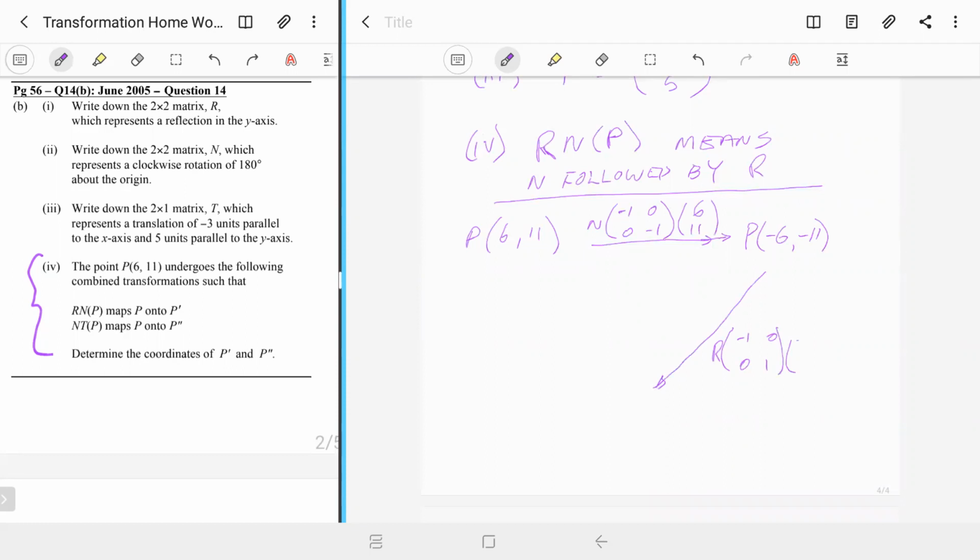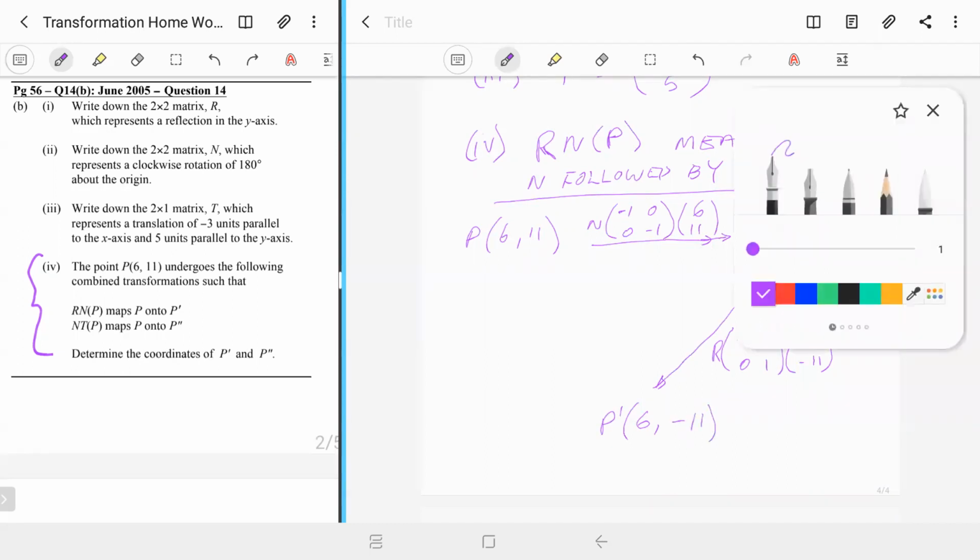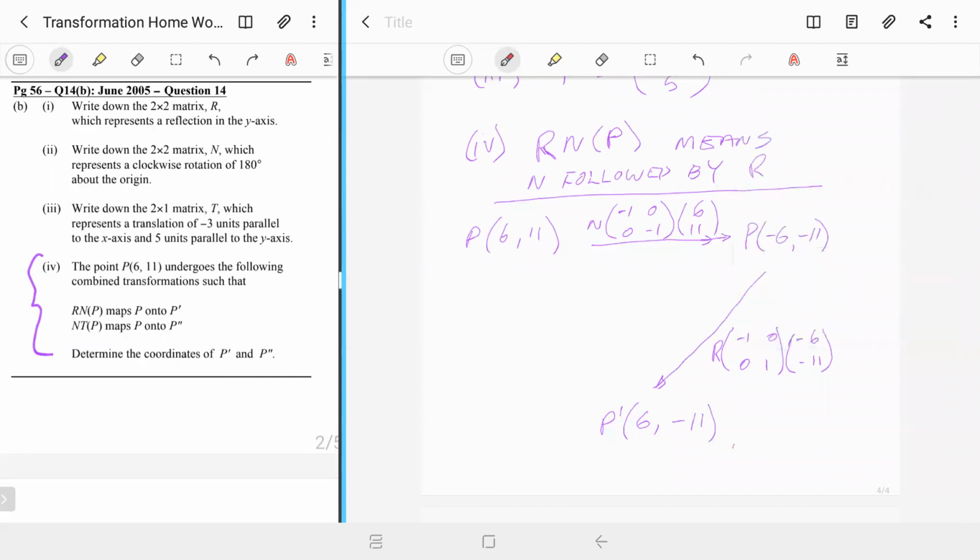Apply that now to (-6, -11). That's going to take it to your P prime, your final destination. -1 times -6 gives you 6, and 1 times -11 gives you -11. This is the answer. That's P prime done.